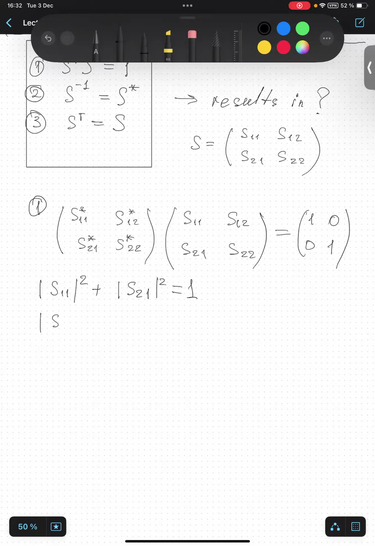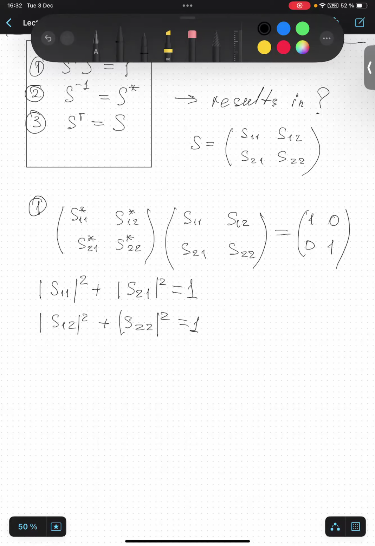The second equation, squared equal to 1, just from matrix multiplication.